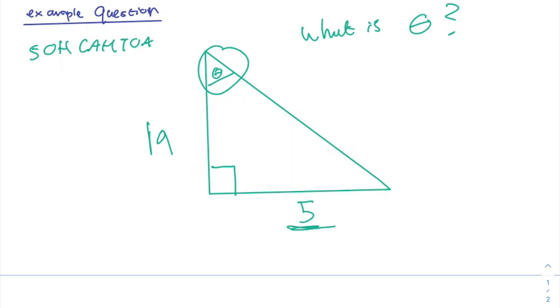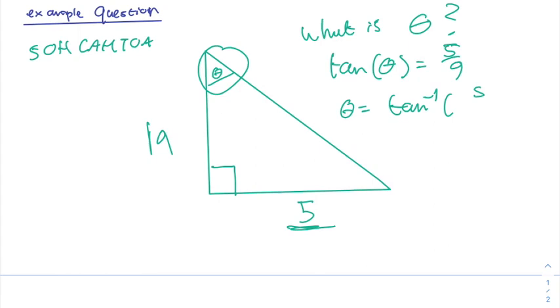So now we know that tan theta is going to be equal to the opposite over the adjacent, which is 5/9. So then theta is going to be the inverse tan of 5/9, and typing this in on my calculator will give me, let's see, so theta is 29.05 degrees.